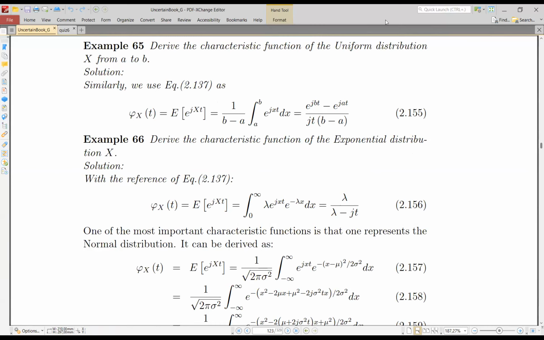So if we keep this, let us open the whiteboard to write. Yes, so maybe now you can see the whiteboard. The equation was, as we saw, the characteristic function equals e to the power jbt minus e to the power jat, divided by jt times (b minus a).